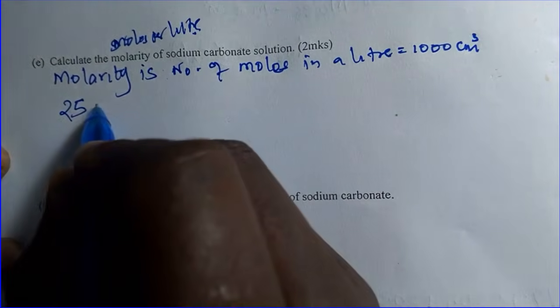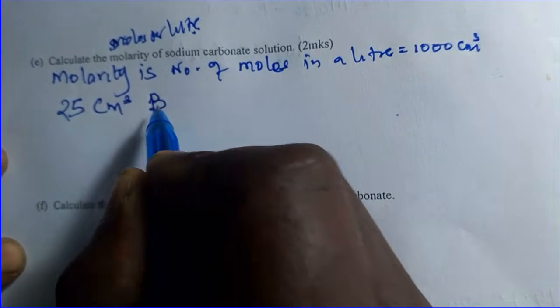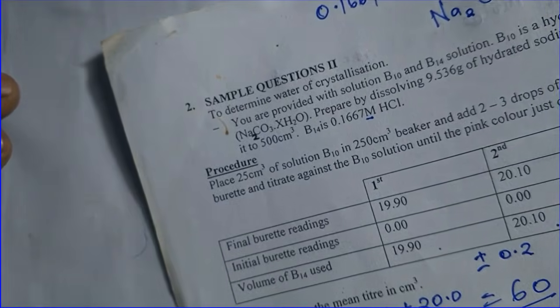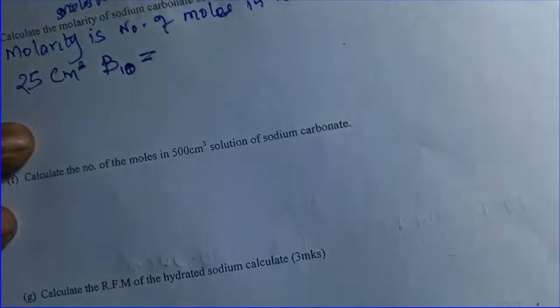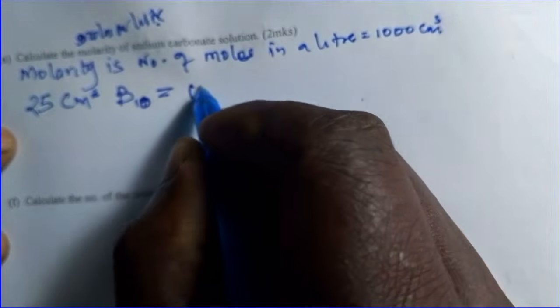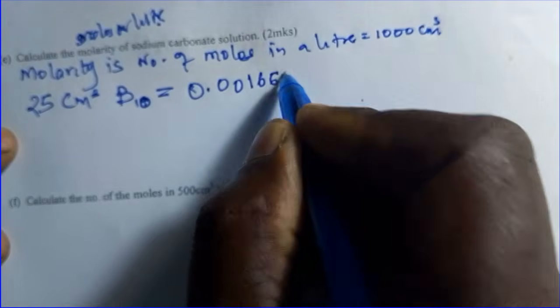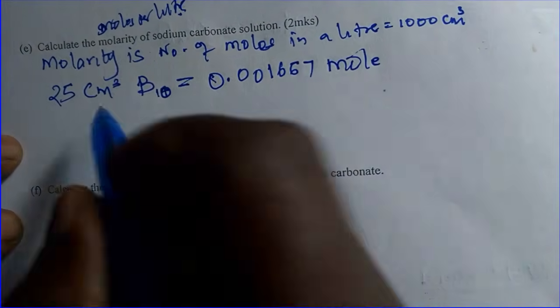So 25 centimeters cube of the carbonate solution, P10, is equal to 0.001667 moles, the one we calculated in part D. So we simply ask a liter.